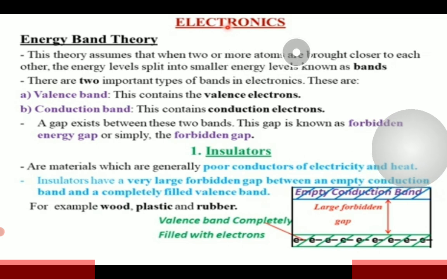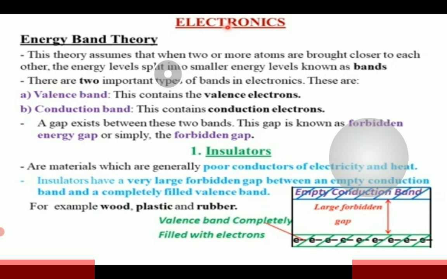So think about those particles getting really close to each other. Their energy levels are going to get split, to be divided up to form tiny or smaller energy levels. So those smaller energy levels are called bands.